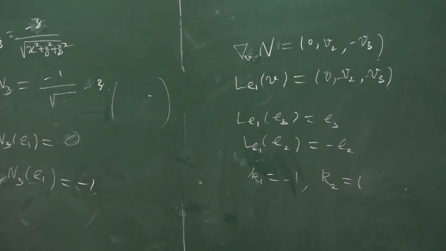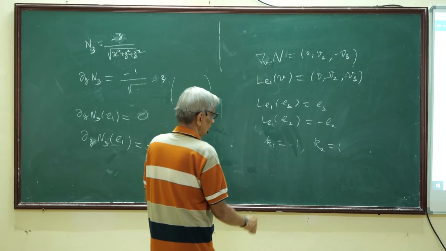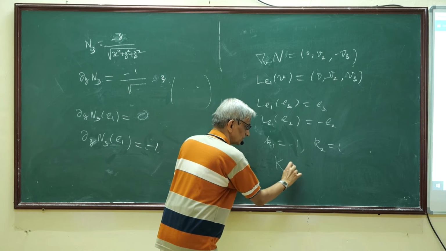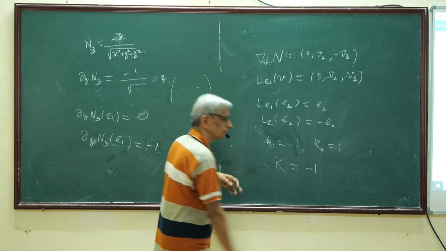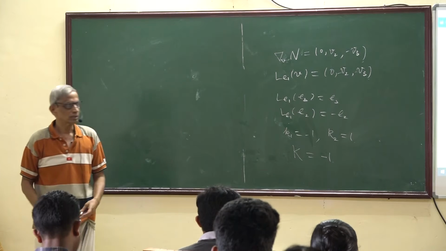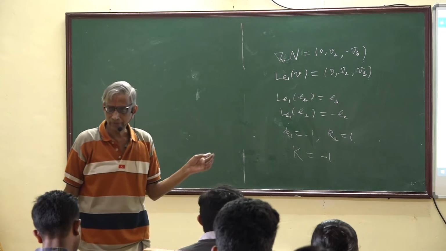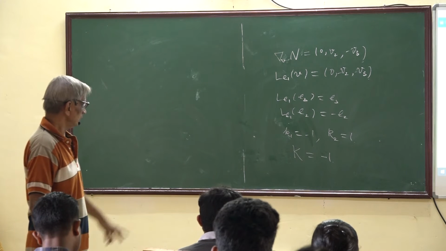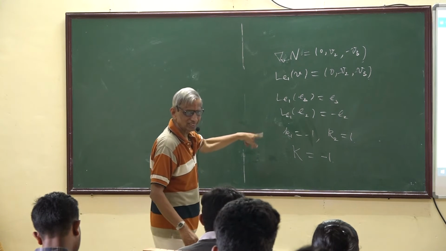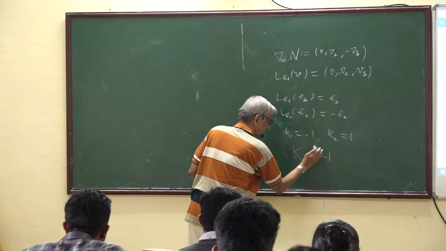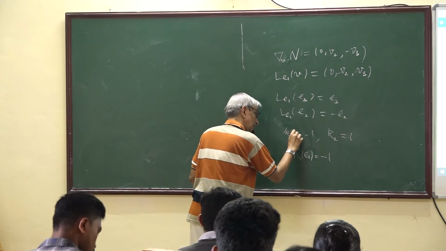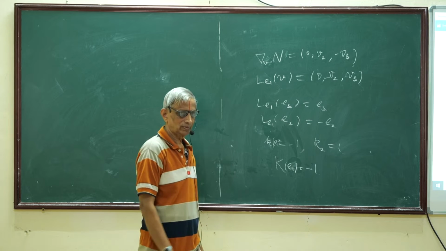Or if you want E2 and E3, it doesn't matter. So these are the principal curvatures. So the Gaussian curvature is thus the product of this. So this gives negative curvature at the point E1. When this is at E1, okay. So you should write K at E1.